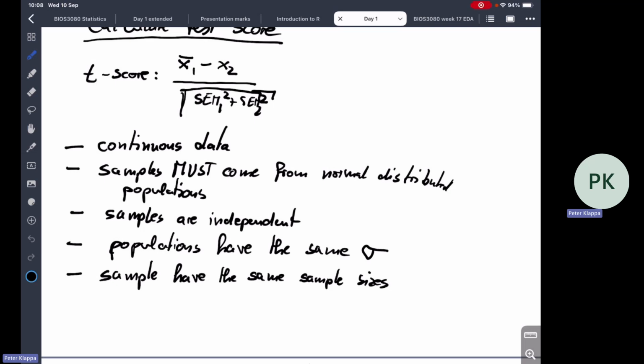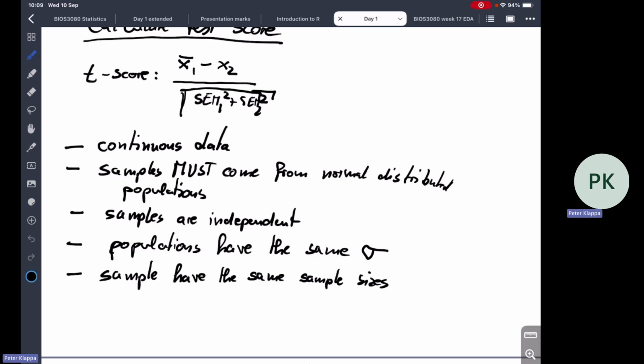I told you what makes a normal distribution. It is this bell-shaped curve, it is symmetrical, and it has these particular characteristics that, for example, 95% of all the data are within the span of two standard deviations to the right and two standard deviations to the left. It's an absolutely defining character of a normal distribution.